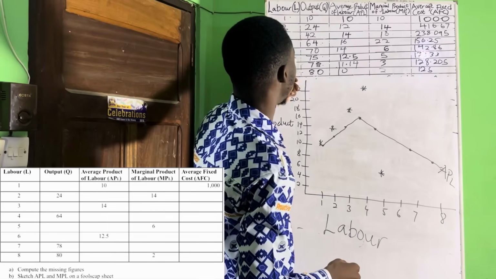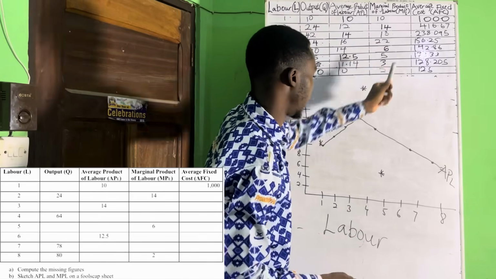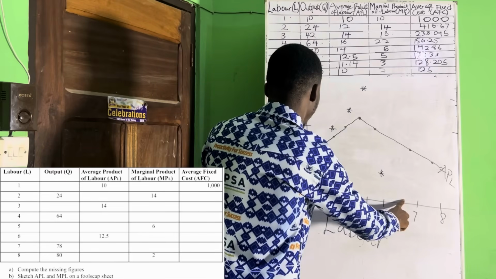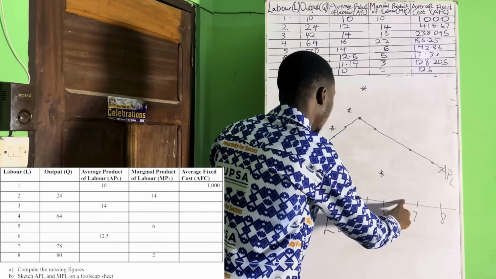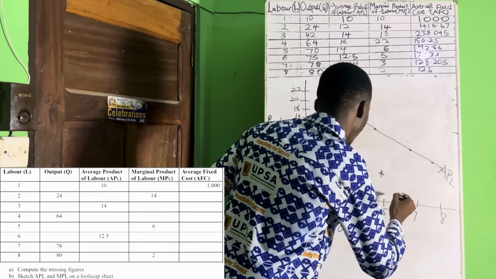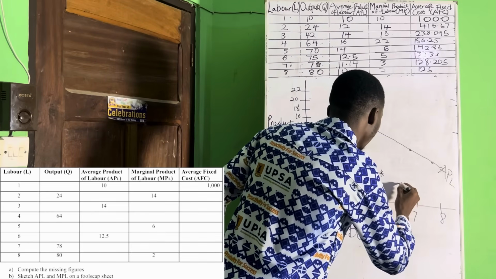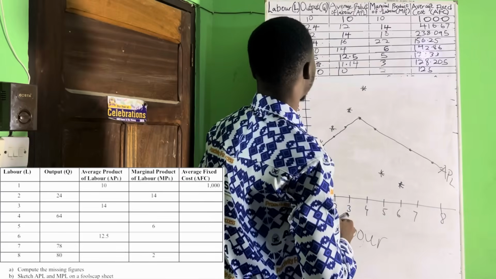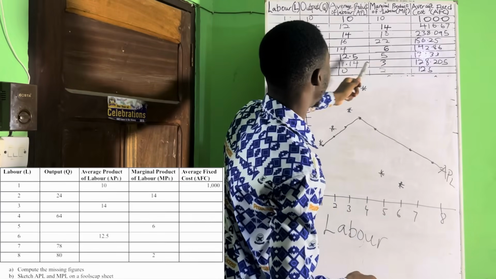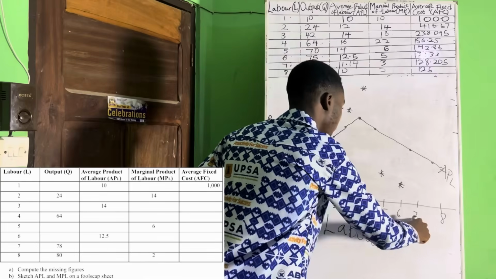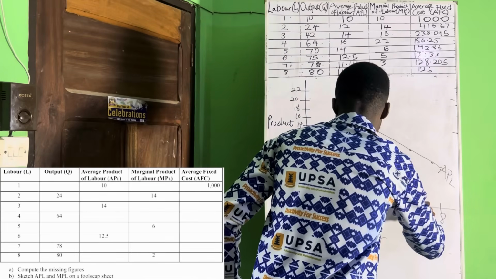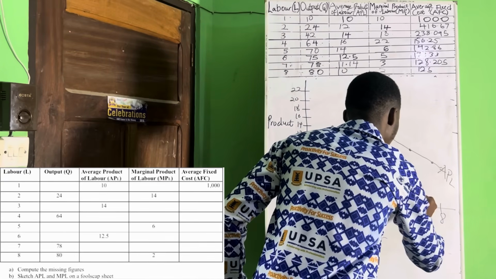Then labor 6, marginal product of labor is 5. So that should be a little below 6, somewhere here, right? Then labor 7, marginal product of labor is 3. So that should be somewhere here.